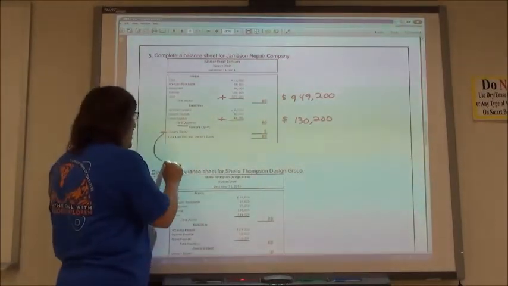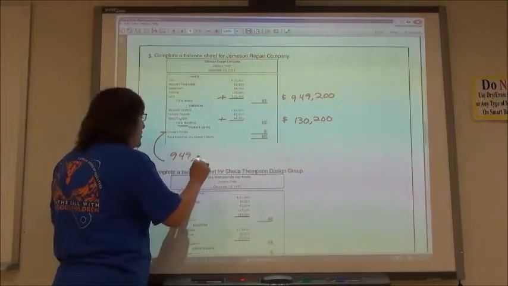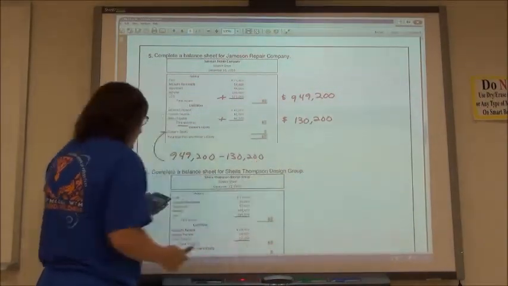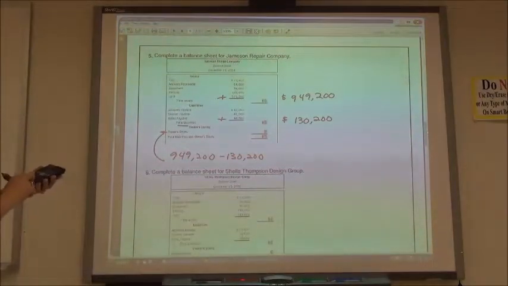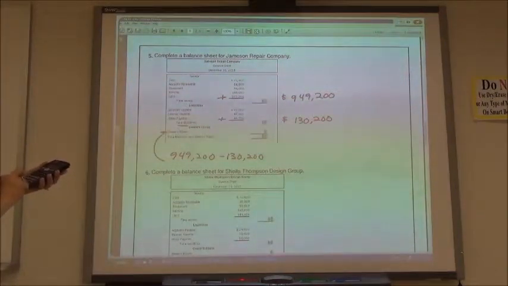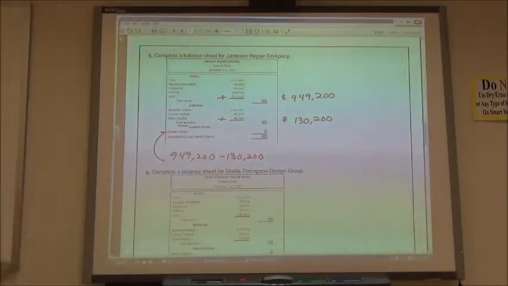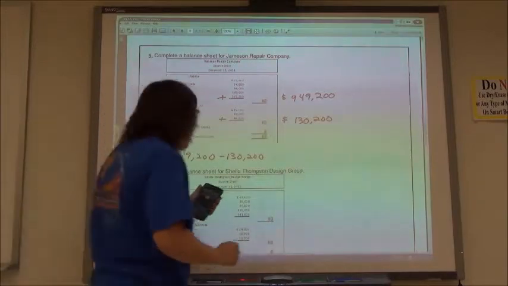So I'm going to take the $949,200 and subtract the $130,200. And so $949,200 minus $130,200 gives me an owner's equity of $819,000.